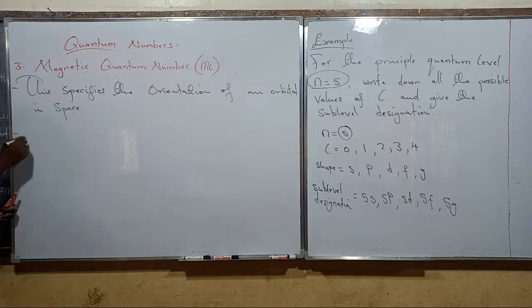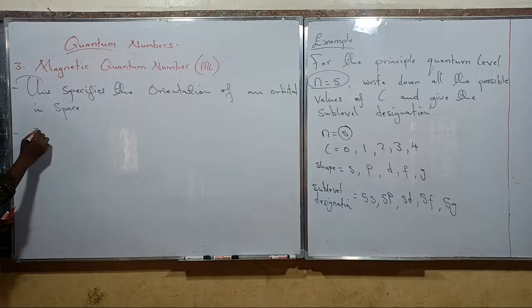So the values for the magnetic quantum number are all the positive and negative values of L, including 0.